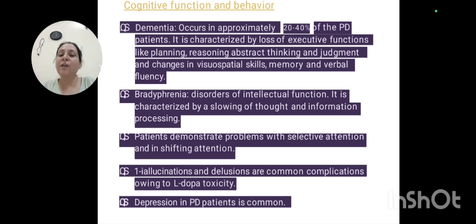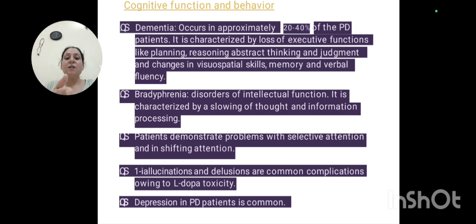Reasoning, abstract thinking, mathematical calculations. There will be bradyphrenia, that is a disorder of intellectual function, slowness of thought and information processing. Whenever we discuss an important topic, it will be difficult for them to process the information. They will also have problems with selective attention and shifting attention.